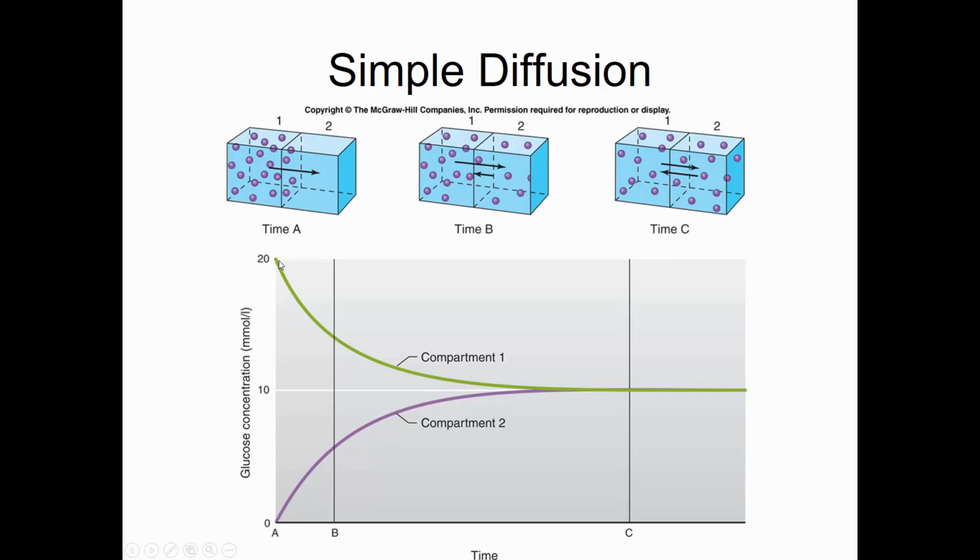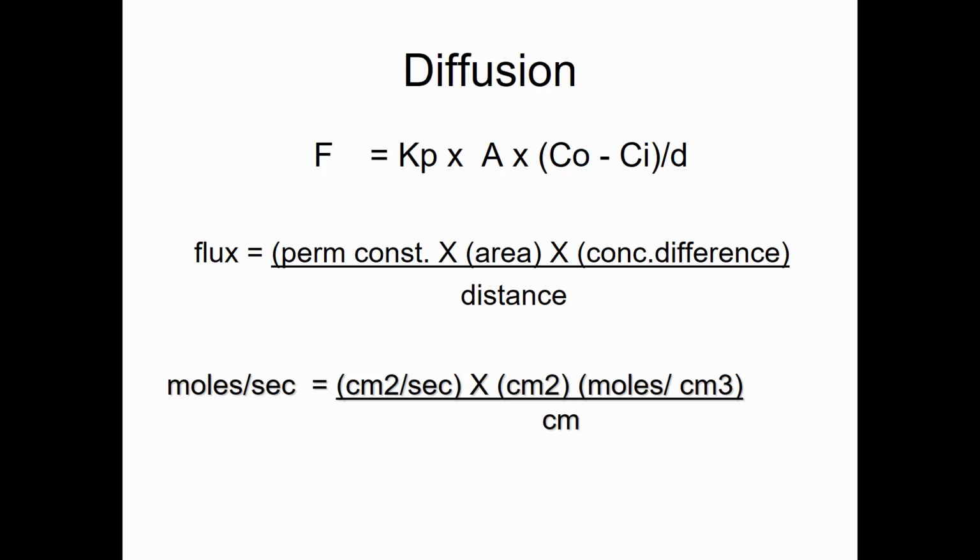It happens very quickly in the beginning and gets slower and slower, and then at some point they reach a point where the diffusion gradient is gone and both compartments have the same concentration. Both compartments end up with half the concentration, and that works because we have two compartments of the same volume. In our subsequent examples that may not be the case.